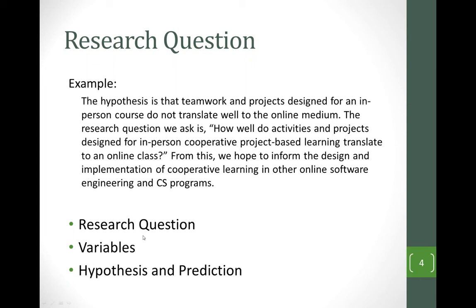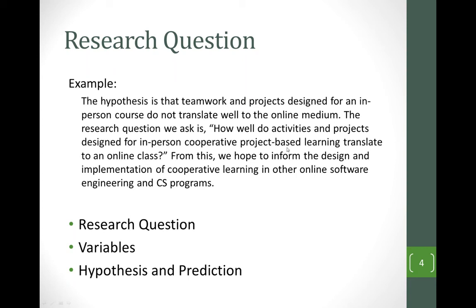But from your research question, your reader should be able to pick out what your important variables are. So here we want to know how well activities and projects designed for in-person cooperative problem-based learning translate to online classes. So we are looking at differences between in-person and online classes. That's the variable that we're looking at.